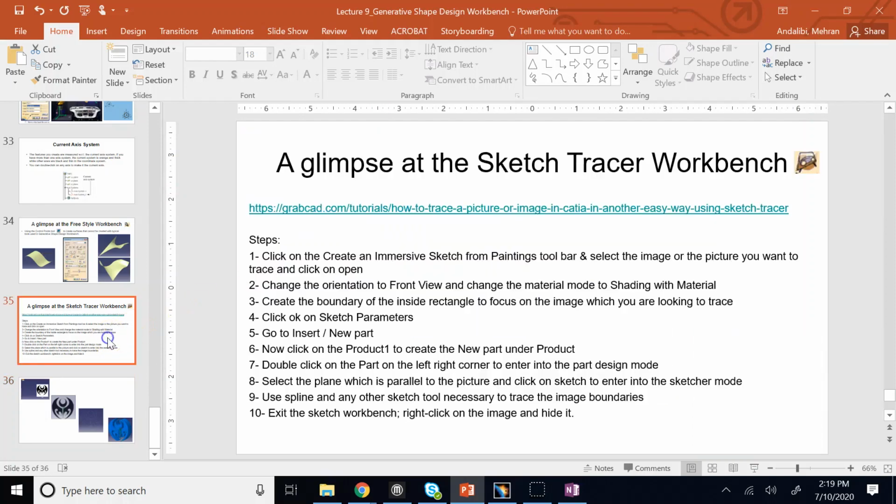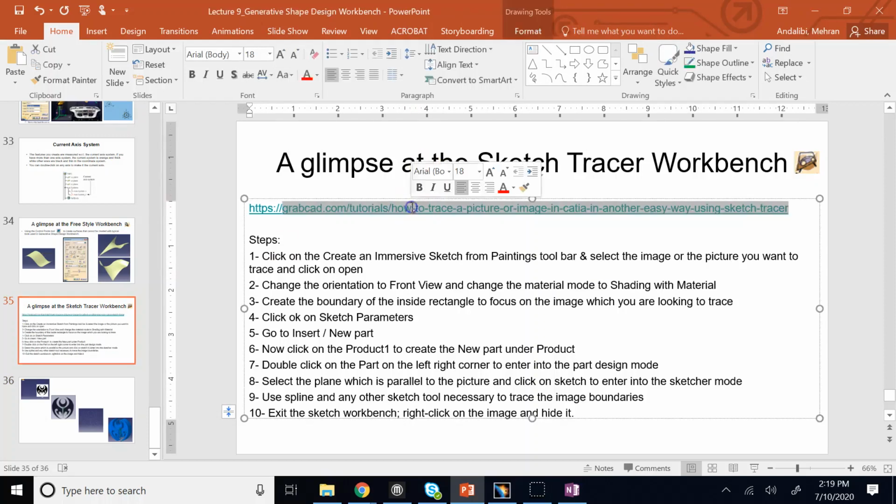Okay, so you can trace the sketch and insert the picture. And under this link, these are the steps that you have to go through to make this happen. And I'm gonna do them for you here step by step.